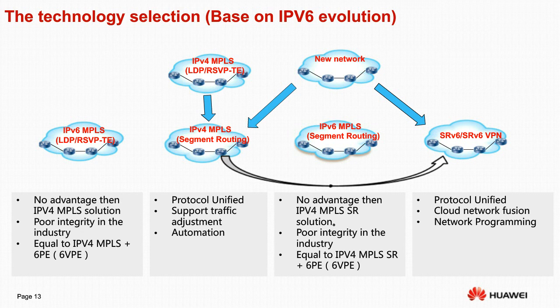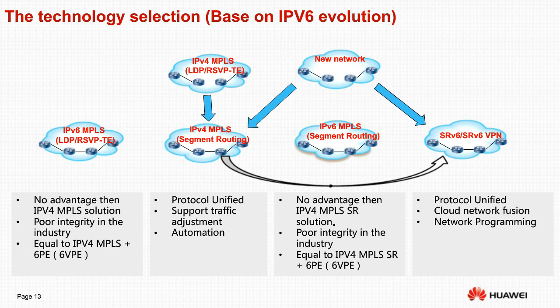Okay, right now most networks are IPv4 MPLS, maybe LDP or RSVP. So we think this kind of network can evolve to IPv4 MPLS segment routing directly. It is a good selection, but there is also IPv6 MPLS.